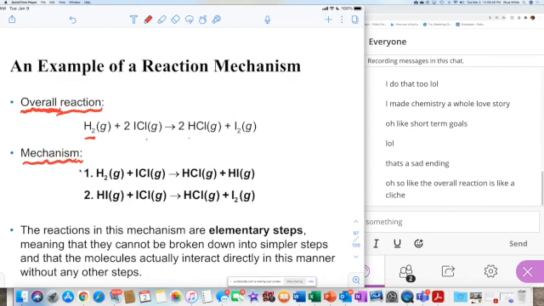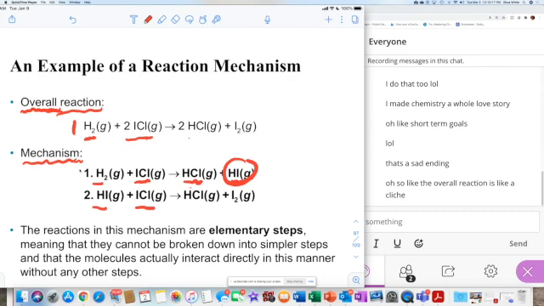Over here, it looks like the one hydrogen particle is reacting with two of the ICl. But in the mechanism, the one hydrogen particle technically reacts with only one of the ICl. And then it produces HCl and HI in the first step. Once the HCl and the HI are formed, the HI goes ahead and reacts with the second ICl particle.